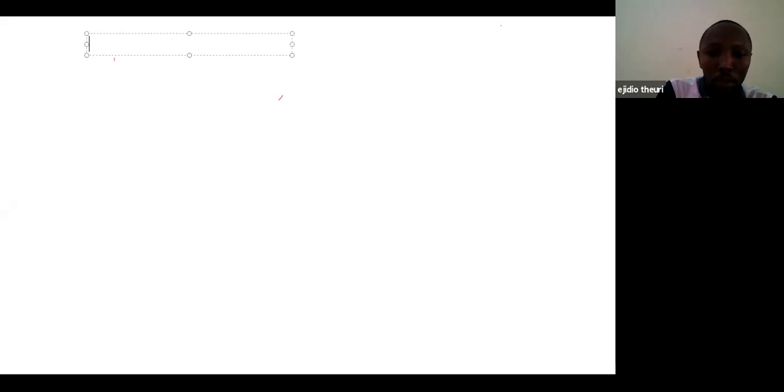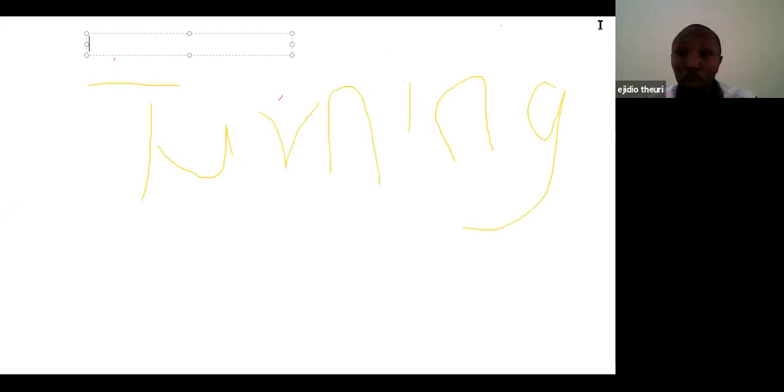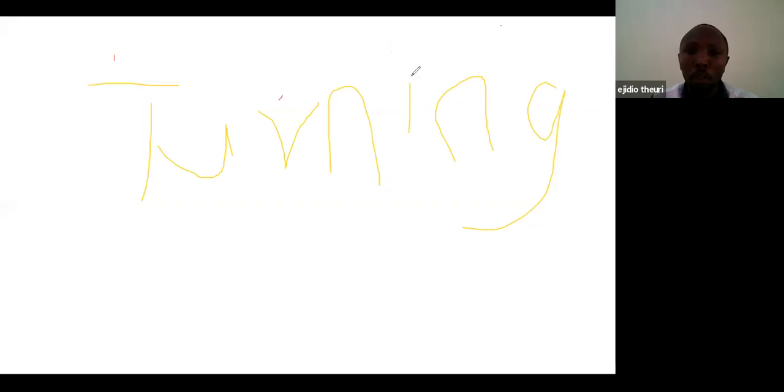Turning effect. Sorry. Kidogo. Share. This will be clear. Turning effect of a force. So write that turning effect of a force.